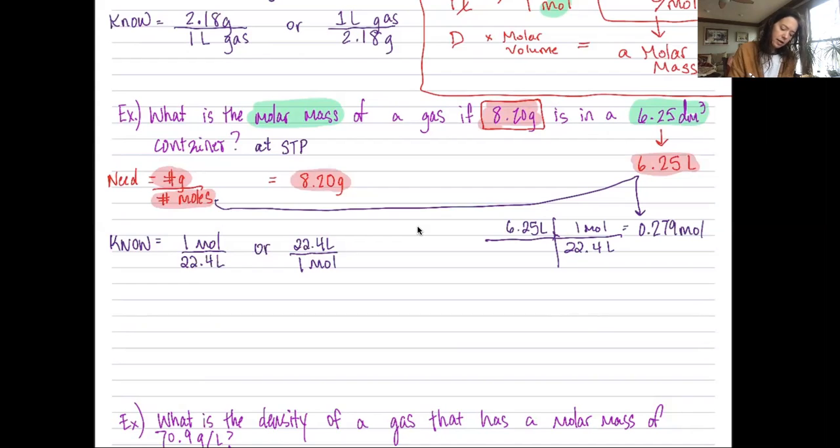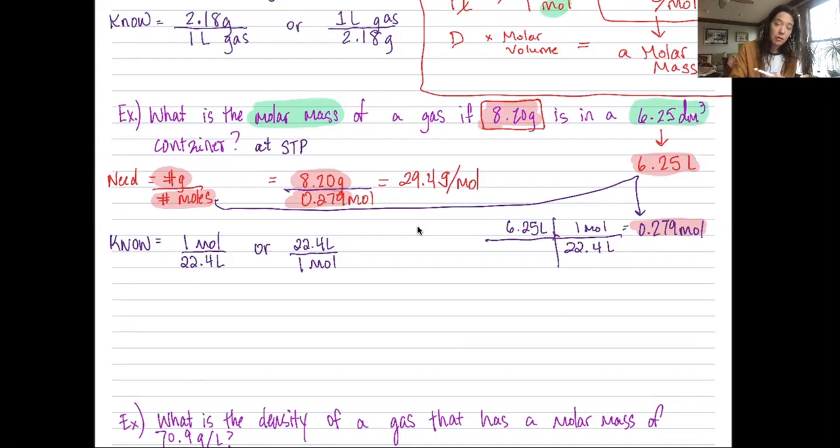So that is my number of moles, and I can divide my mass by my number of moles. And when I do that, I'm dividing grams by moles. My unit is 29.4 grams per mole. That's my answer.